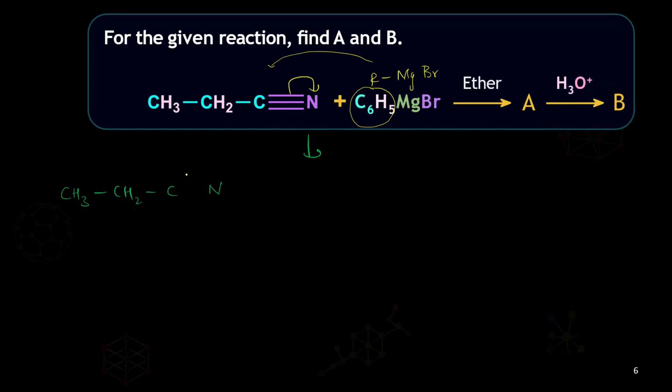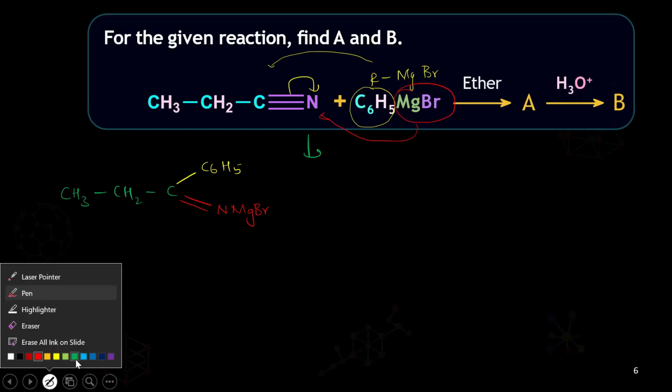Okay, so it will attach to C6H5, and the MgBr will attach to N, nitrogen, which contains the double bond. So it is C double bond N, the imine complex. This is called the imine complex.